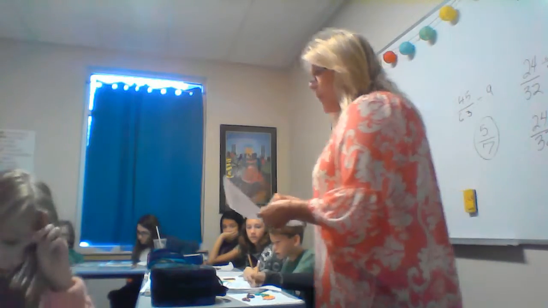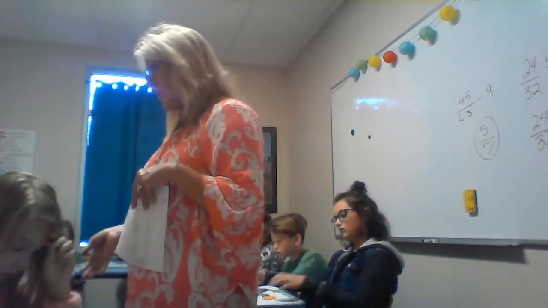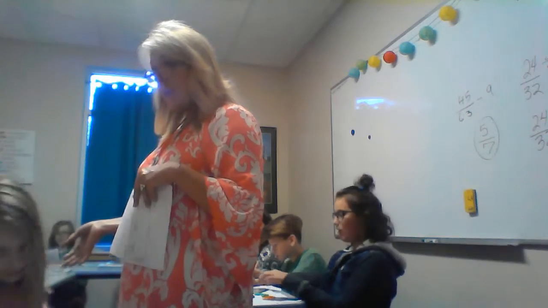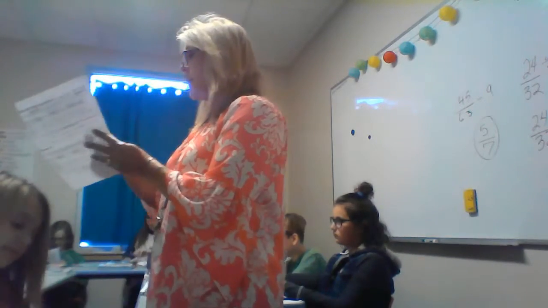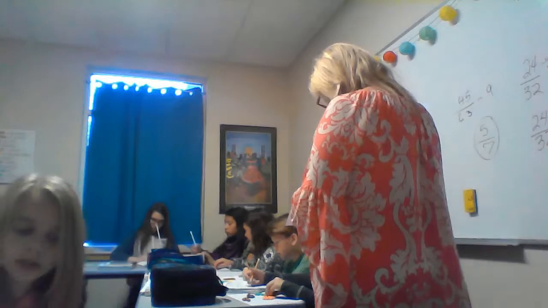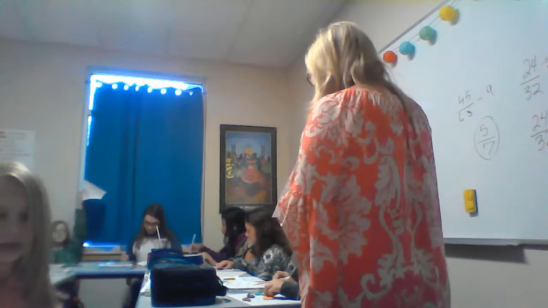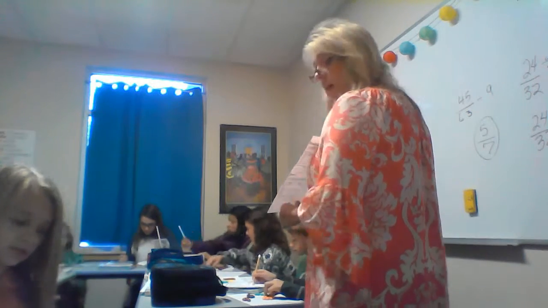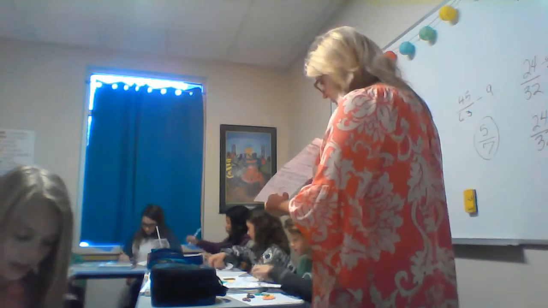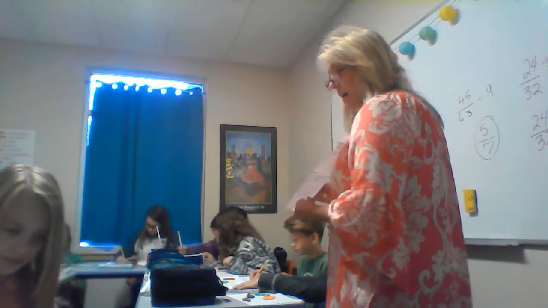You're going to separate your Skittles by color, count them, and put them in the table you have on your page. And then you're going to total them up. Once you finish doing that, then you're going to find the mean, the median, the mode, and the range, okay?